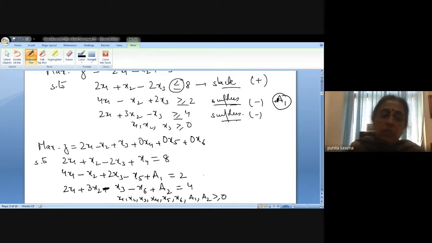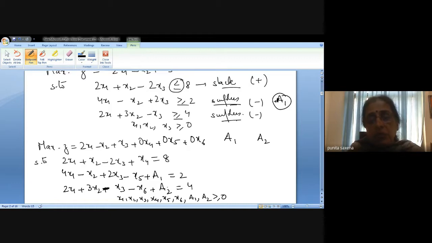Now we are saying that a1 and a2 have no physical contribution to the problem, and we want them to leave the basis at the earliest, but we also want to guarantee that they never come back. The simplex algorithm needs a cj corresponding to a1 and a2 both, and only then will we be able to calculate our zj minus cj for them also.